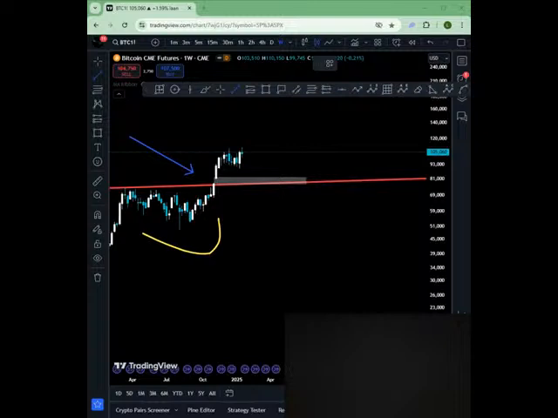This chart is a weekly chart, I mean the candlesticks. So we should see a weekly candle close above this all-time high. We need a candle close like this.